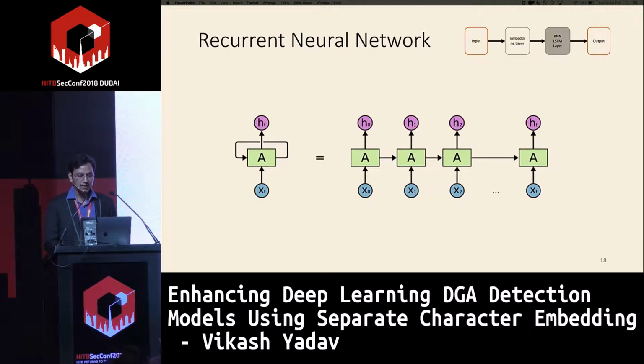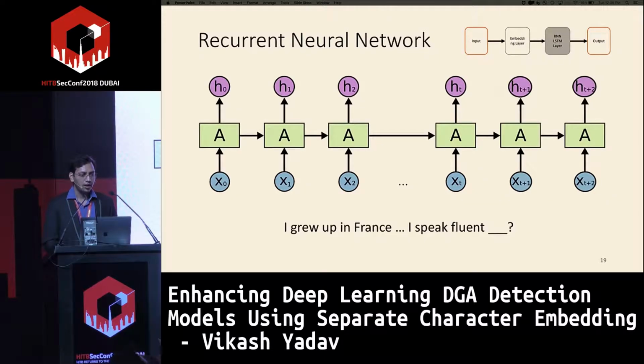But for tasks which have sequential input, such as a sentence, "I grew up in France, I speak fluent," the model has to predict the next word. Here, the input is sequential in nature. And predicting the correct output depends not only on the prior word, but on a sequence of words that occurs much earlier in the sequence.